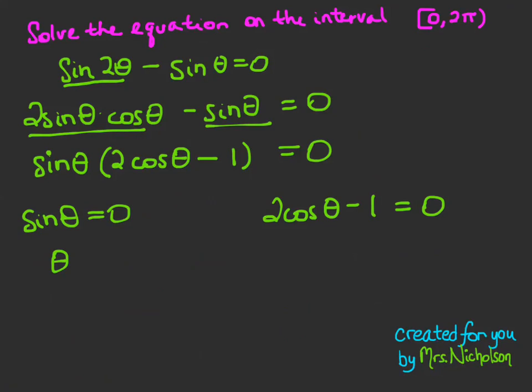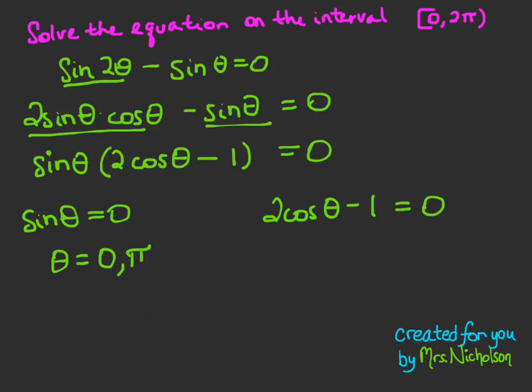Well, sine theta equals 0 whenever theta is 0 and pi. Remember, sine corresponds to the y-coordinate on the unit circle, and the y-coordinate would be 0 whenever we're on the x-axis. So that would be at the angles 0 and pi.